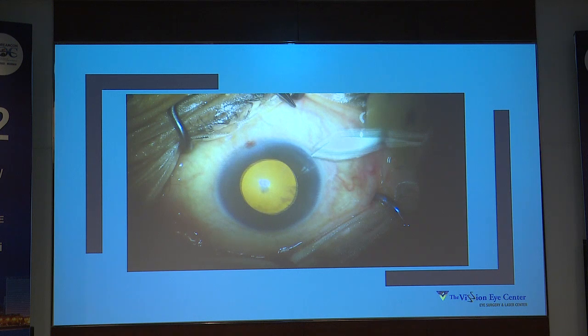Loosen your speculum. The easiest thing is to loosen your speculum. Reduce the pressure on the eye, because quite a few of these eyes are deep socket, shallow chamber, small eyes, and to get access, we open up the speculum. So do that.